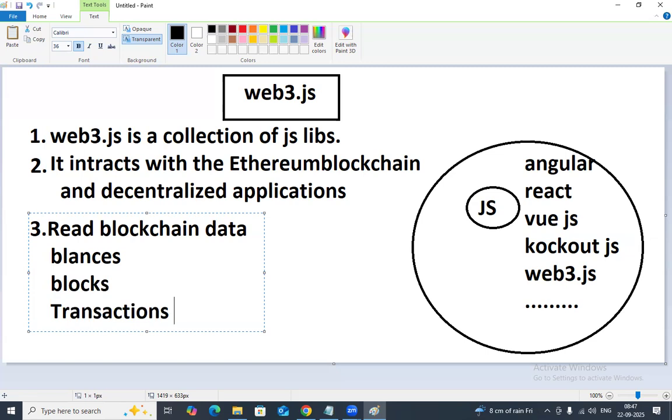So this is the way Web3.js works. Web3.js is a collection of JavaScript libraries that interacts with the Ethereum blockchain and decentralized applications. I already told you Web3.js is in huge demand in the market, and Python also has blockchain interaction. Both are highly demanding in the market.